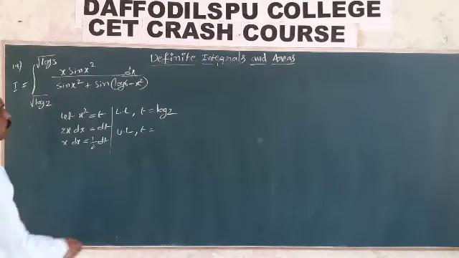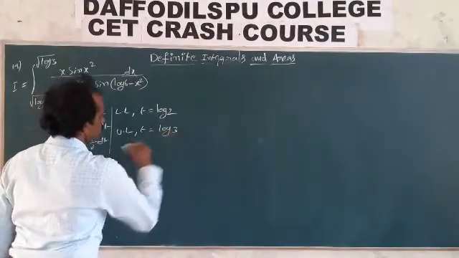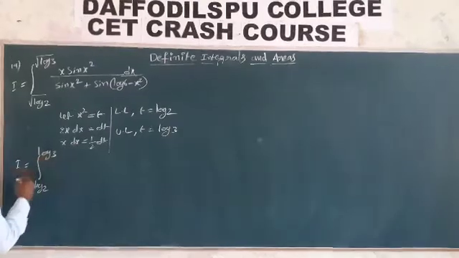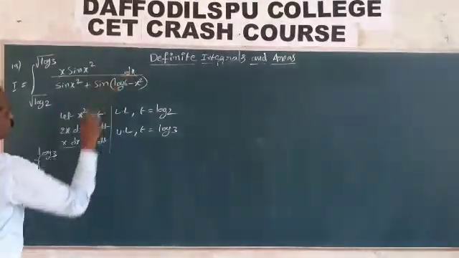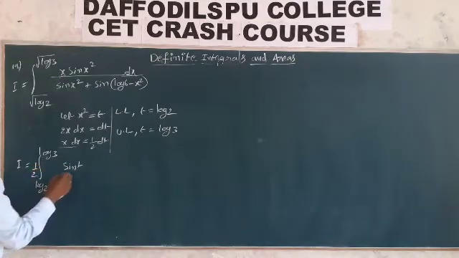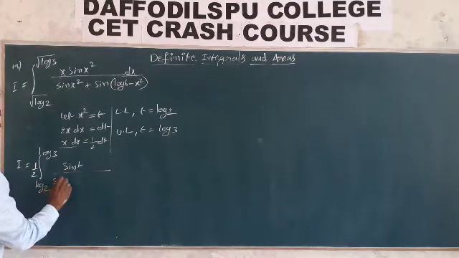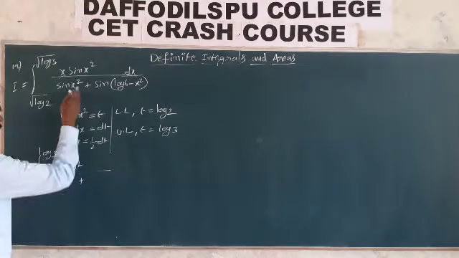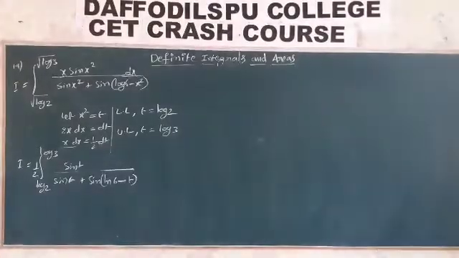Then t is equal to ln 3. So I is equal to the integral from ln 2 to ln 3 of x dx, that is 1 by 2 dt, times sin t divided by sin t plus sin of (ln 6 minus t). So this is that. Clear?